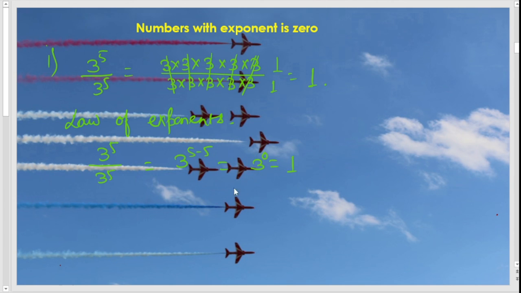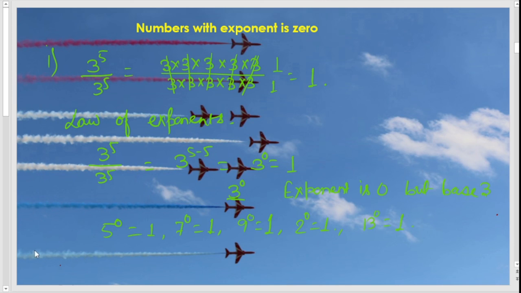So here 3 to the power 0, where exponent is 0 but base is 3. That means whatever is the base, if the exponent is 0, the number will be 1. Like 5 to the power 0 is equal to 1, 7 to the power 0 is equal to 1, 9 to the power 0 is equal to 1, 2 to the power 0 is equal to 1. When the exponent is 0, the number becomes 1. 13 to the power 0 is equal to 1.